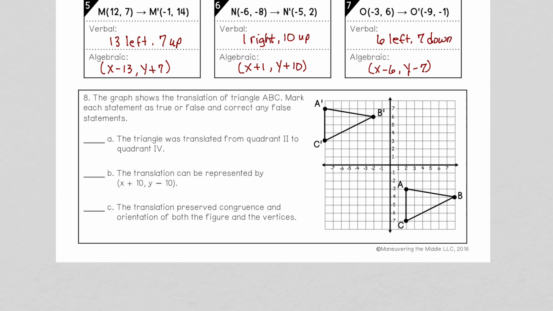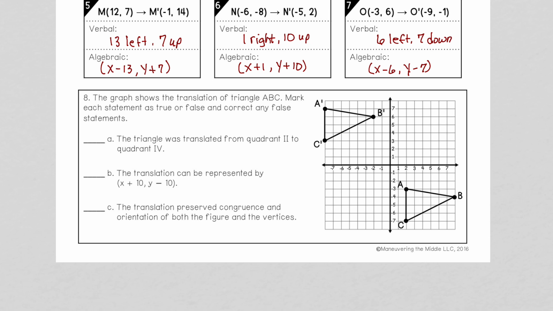So looking at the last part, the graph shows the translation of triangle ABC. Mark each statement as true or false and correct any false statement. So first of all, we have the triangle was translated from quadrant 2 to quadrant 4. Now let's take a look at that.